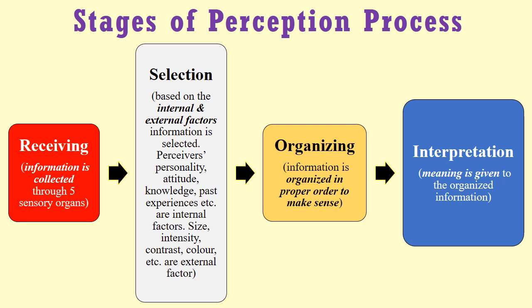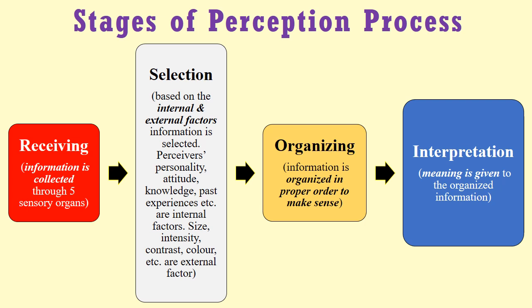This selection depends upon the internal as well as some of the external factors. The internal factors cover the perceiver's personality, his attitude, knowledge, and his past experiences. Whereas the external factors include the size, the contrast, intensity, color, movement, as well as repetition.